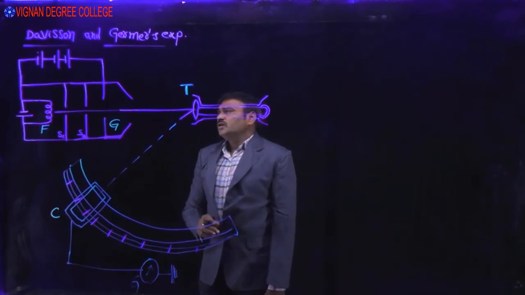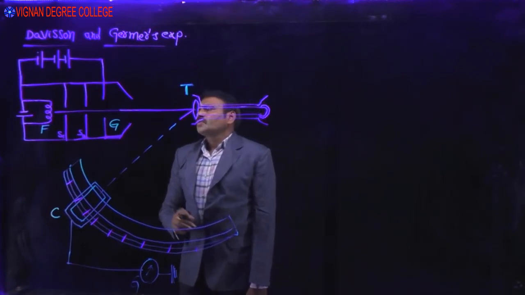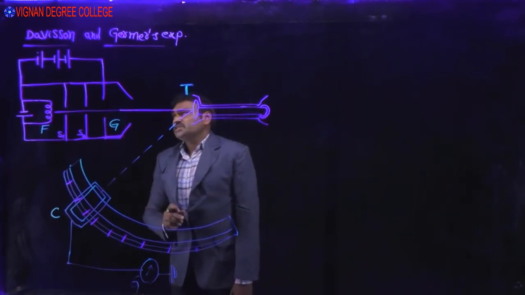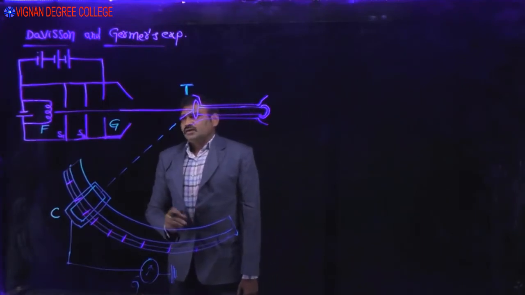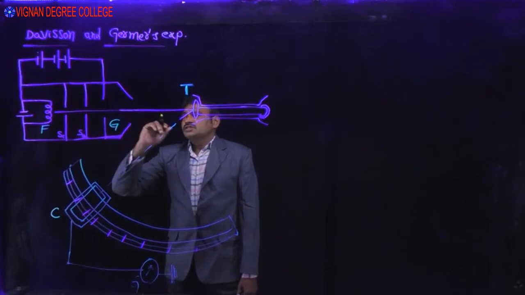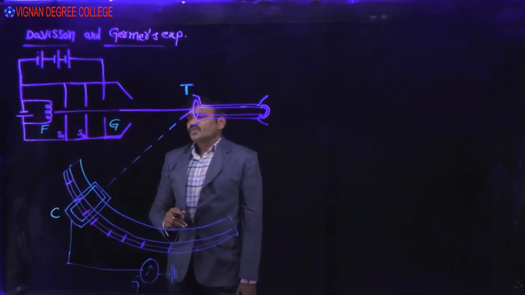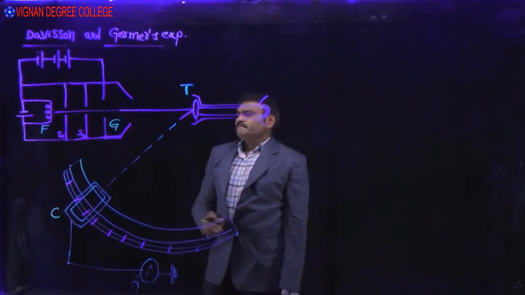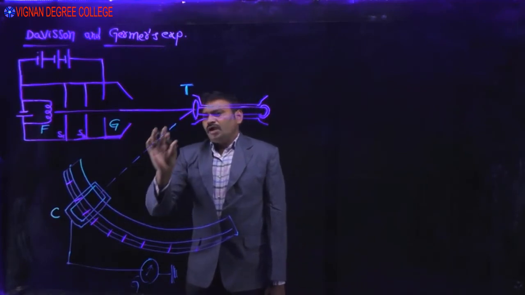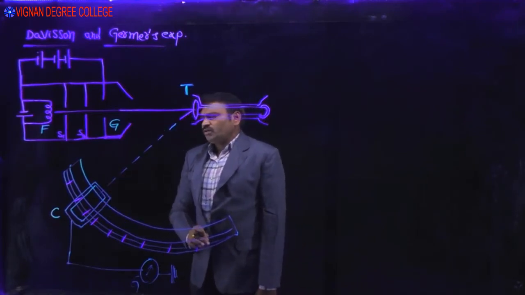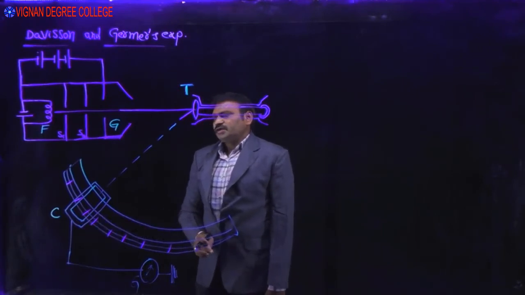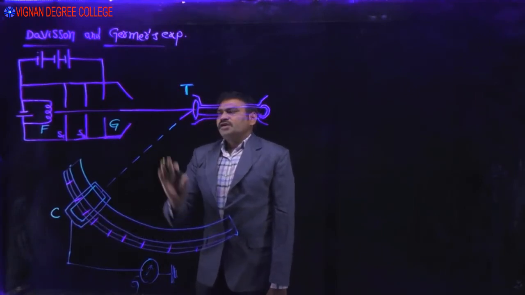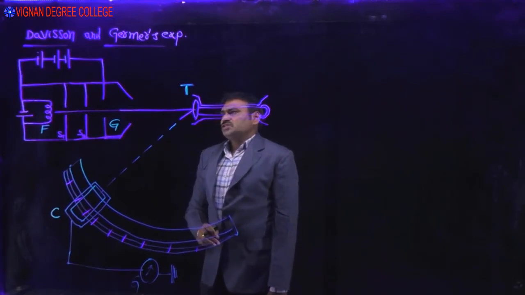Now let us learn the procedure, how this experiment is conducted. Here, the angular distribution of electrons is measured by the electron detector at different voltages.